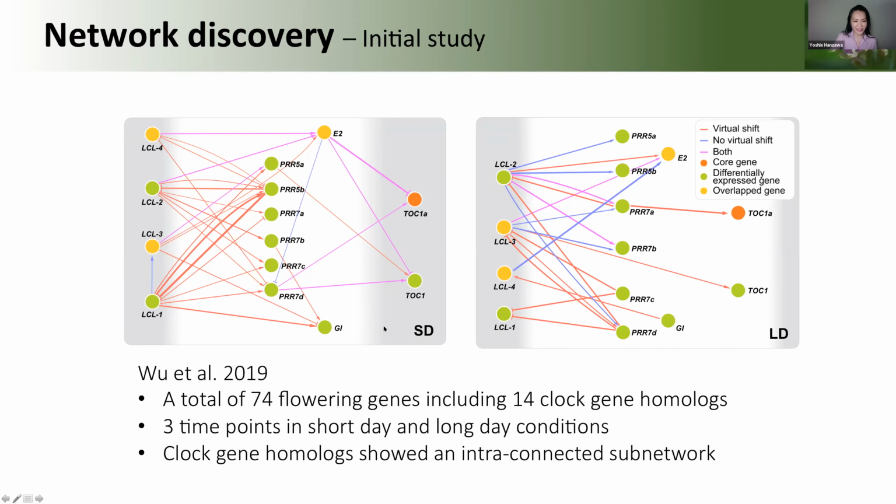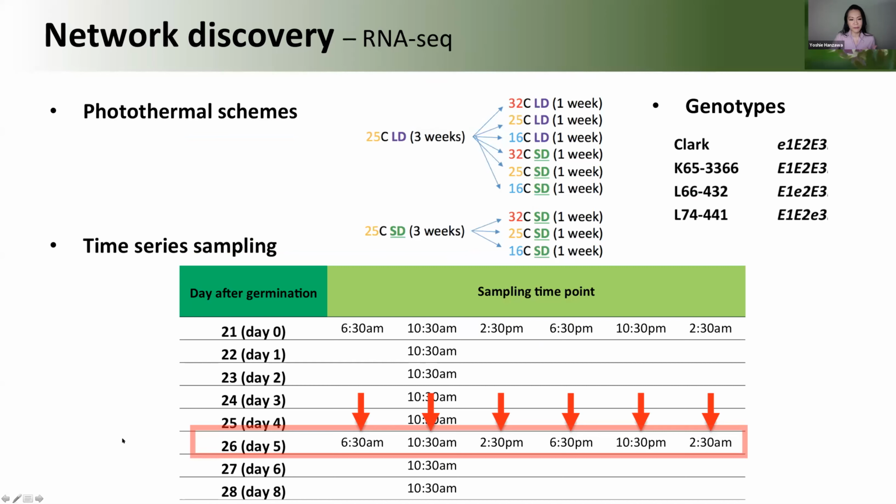Although it is interesting, many of the regulatory interactions we see here are activation as opposed to repression, which we know the Arabidopsis clock network mostly has. So we moved on. We probably should use more time points.